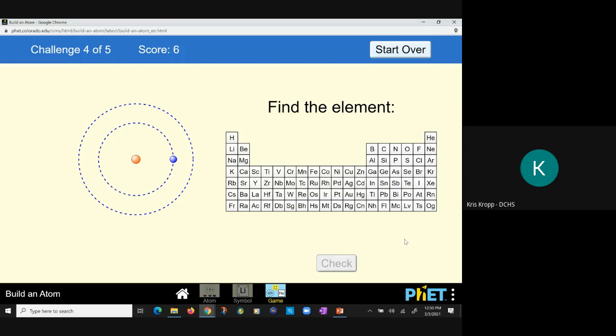Okay, what element is this? Audrey says hydrogen. And is this an atom or an ion?